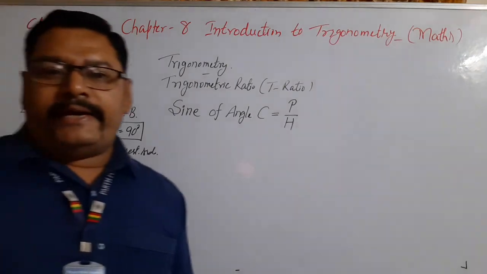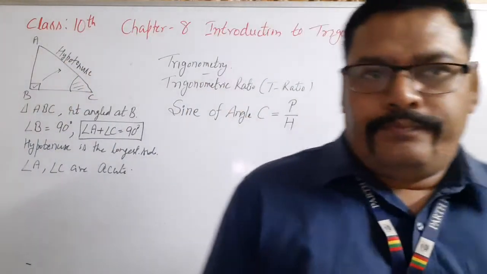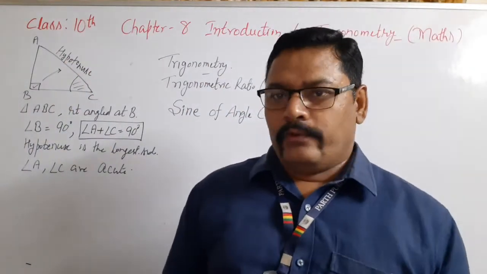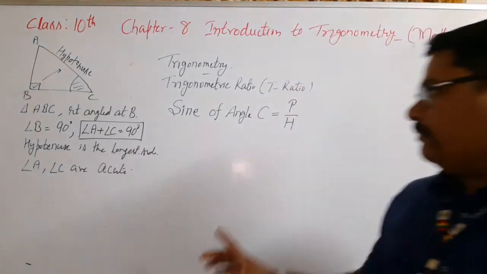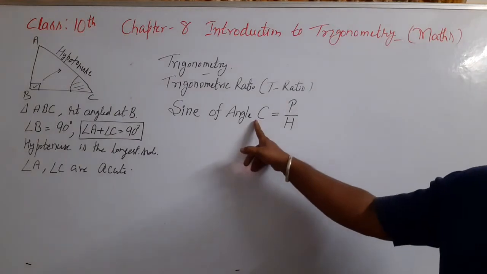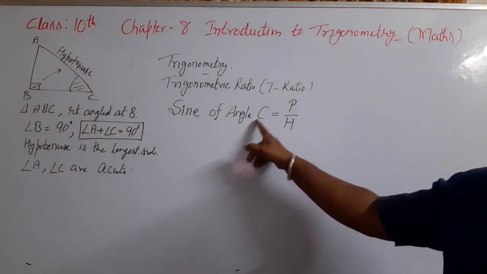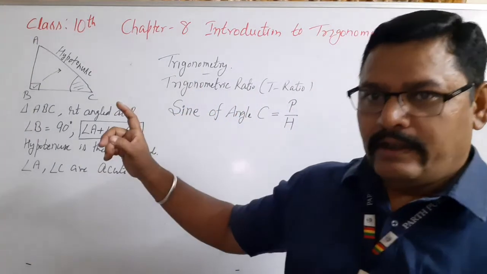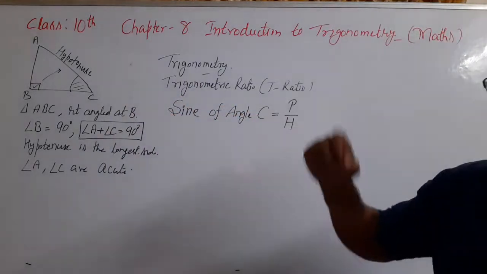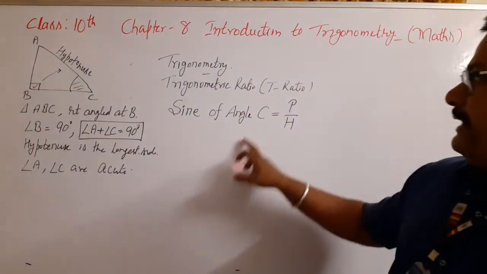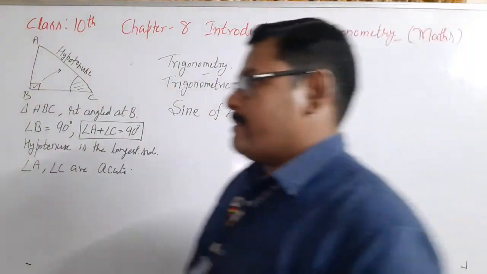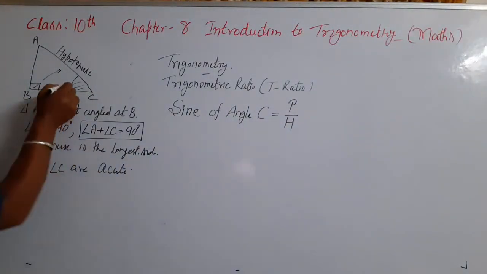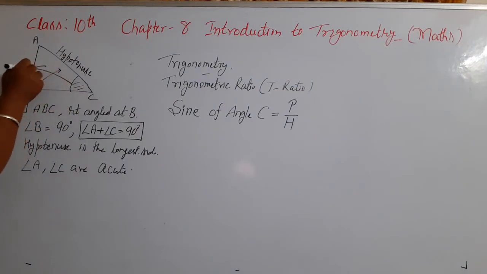Now see, we know that the side opposite to the right angle is the hypotenuse. And in trigonometry, according to the taken angle, we decide which side is perpendicular and which side is base. I have taken angle C and I am finding sine of angle C. So the side opposite to angle C is treated as perpendicular.